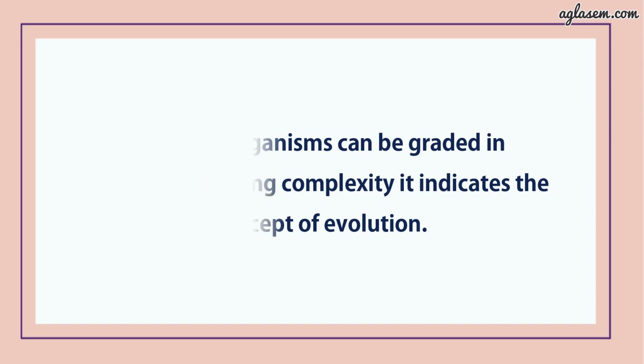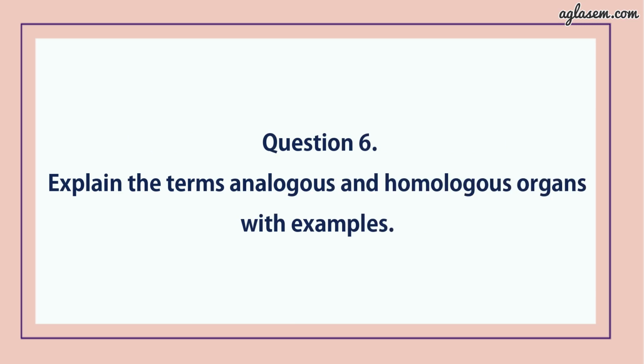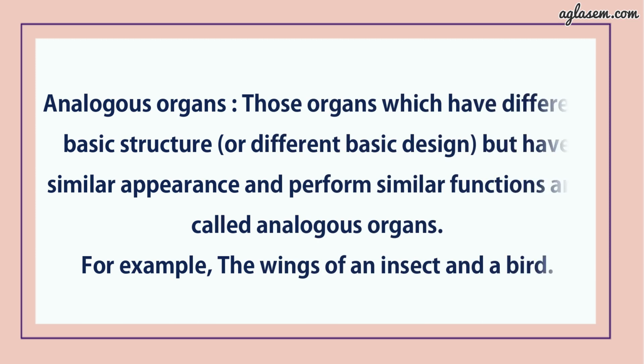Further, question number 6 says, explain the terms analogous and homologous organs with examples. So first, let's talk about analogous organs. Those organs which have different basic structure or different basic design but have similar appearance and perform similar functions are called analogous organs.